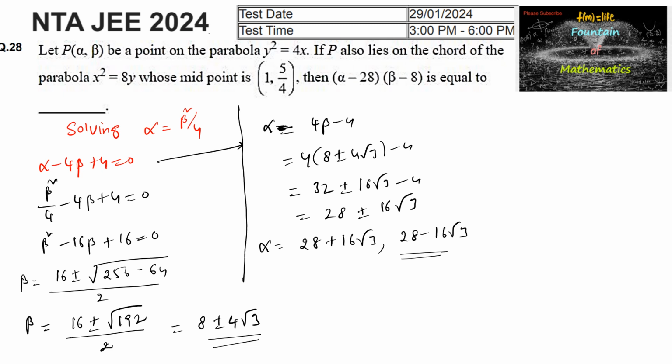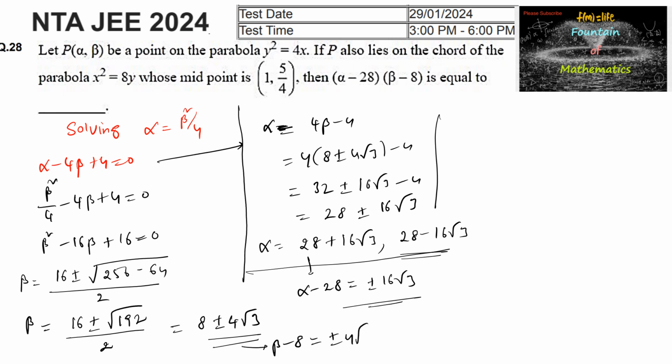Now we need to consider alpha minus 28, which is equal to plus or minus 16 root 3, and beta minus 8 is plus or minus 4 root 3.